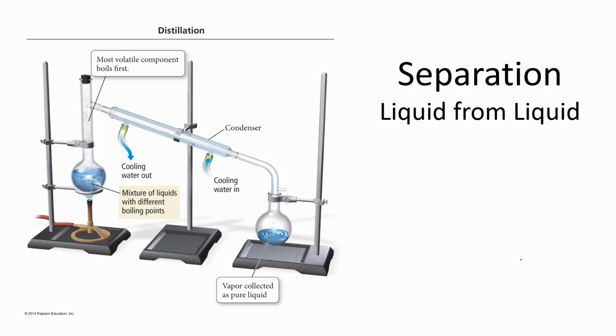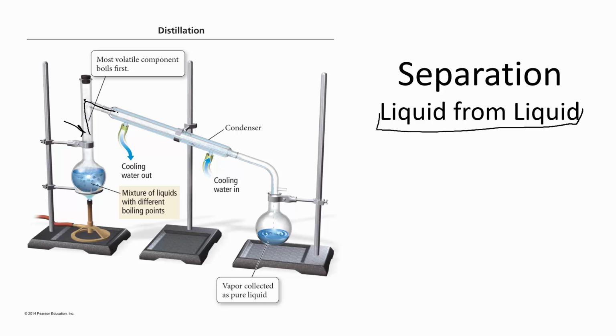So when we think about separating things, we can think about separating them by their physical or chemical properties. Now, physical properties are things that we can separate out just by things like their states of matter, for one thing. We'll talk more about this a little bit later. But we can have two liquids, for instance, and we can separate them out by turning one of them into a gas, and then it evaporates out and expands.